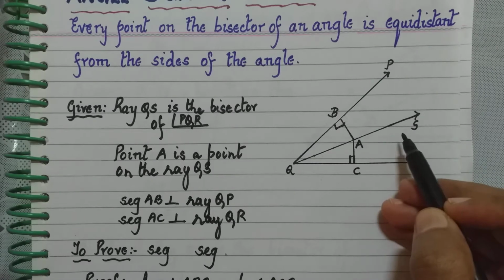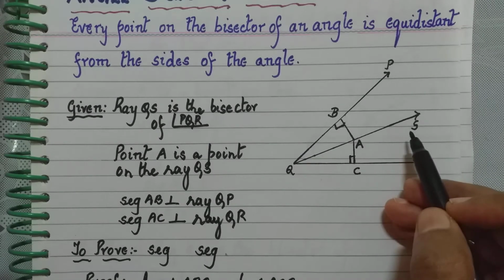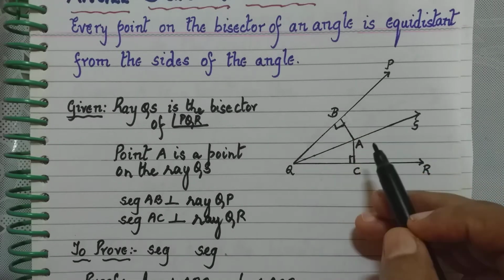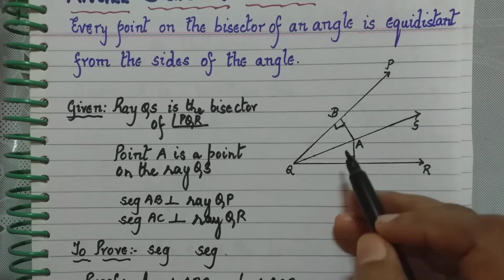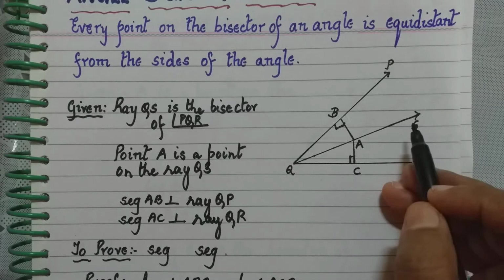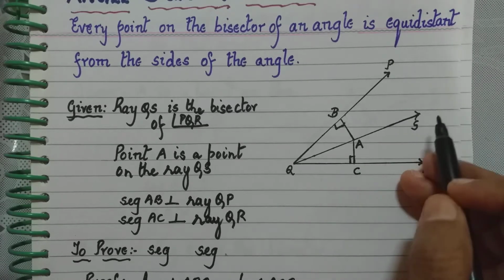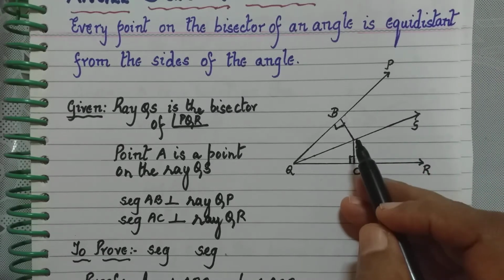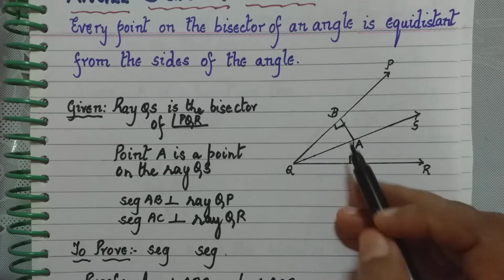Now let us see the statement of the theorem. Every point on the bisector of an angle is equidistant from the sides of the angle. That is, they are talking of any point on this bisector. The bisector is ray QS. Equidistant means what?